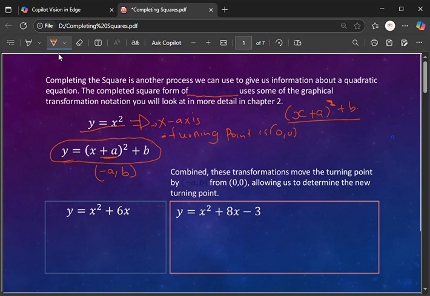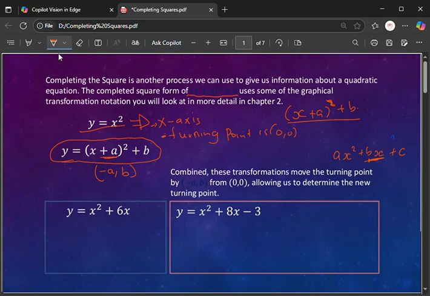If we have y equals x squared plus 6x, note that the coefficient of x is 6. Remember the general form of a quadratic, ax squared plus bx plus c. So the b part, the coefficient of x, is 6.